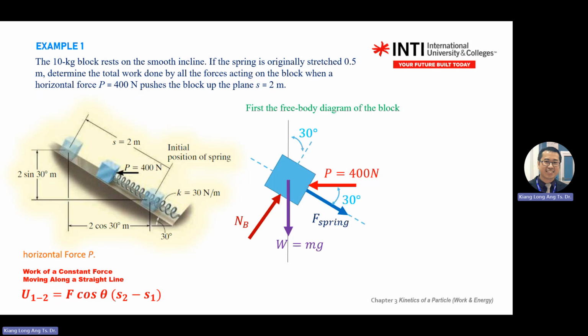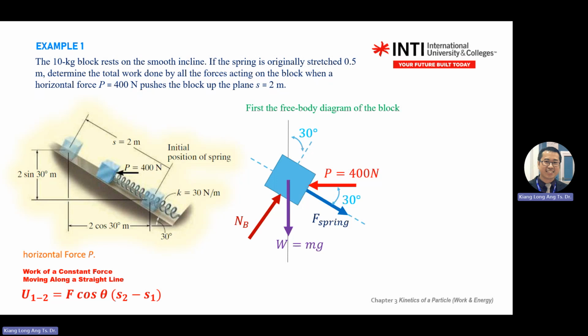One is parallel, one is 90 degrees going down. So a 90-degree force doesn't do work. Only the one that goes parallel to the distance is positive. And how do you know the positive distance or surface is positive? You look at the arrow head, tail and arrow. So positive is this direction. So P and the distance are going the same direction. So you get a positive from the P.